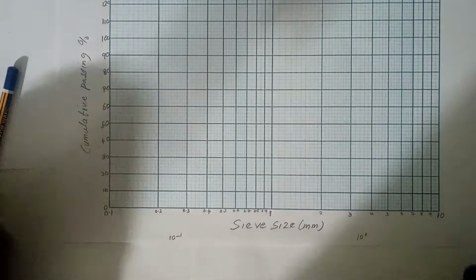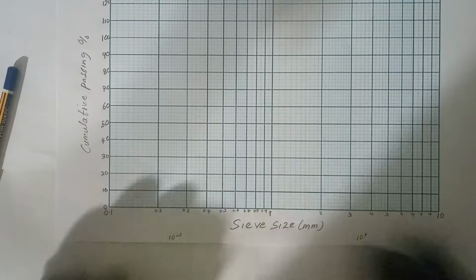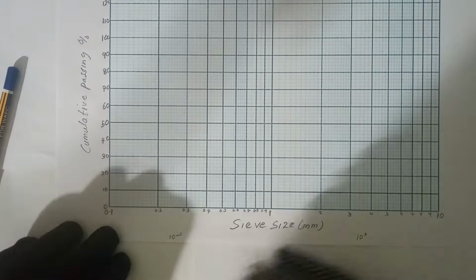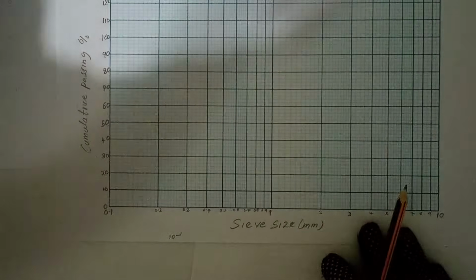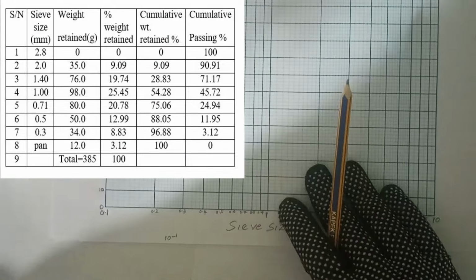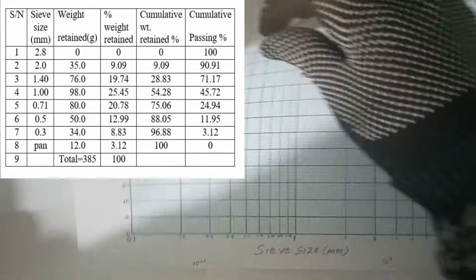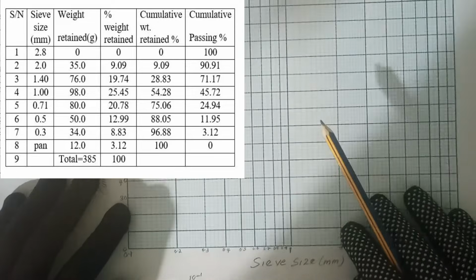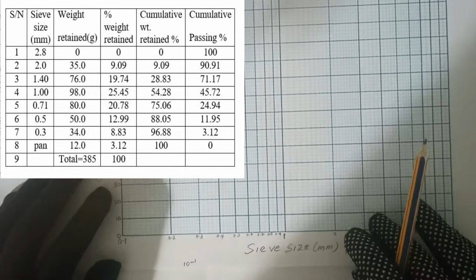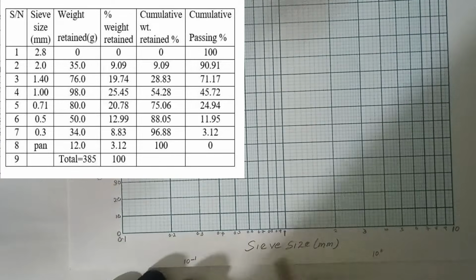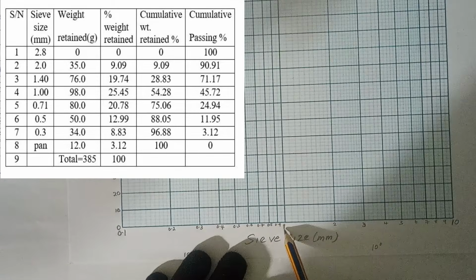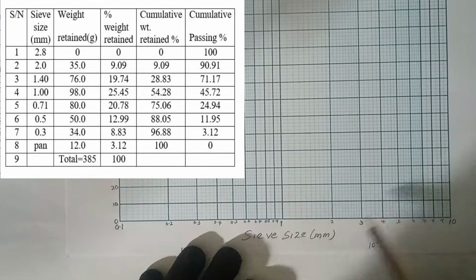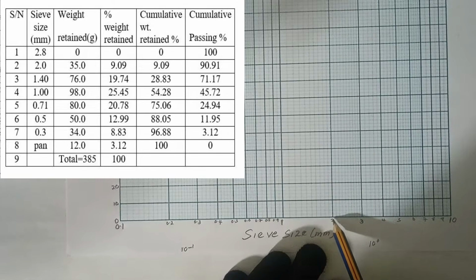So now that we have represented the values on the graph, let's plot the values. 2.8 against 100. As you can see, here is 1. So 2.8 is going to be somewhere in between here and here, that is 1, 2, 3.